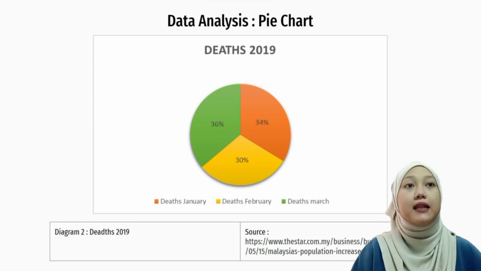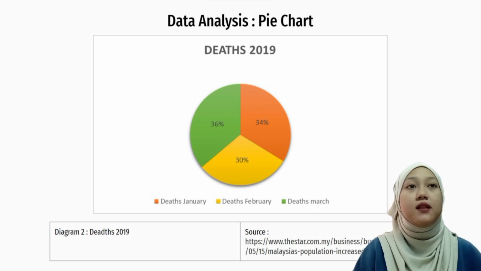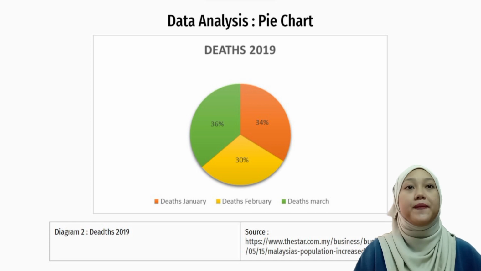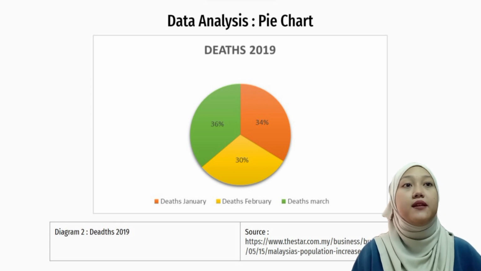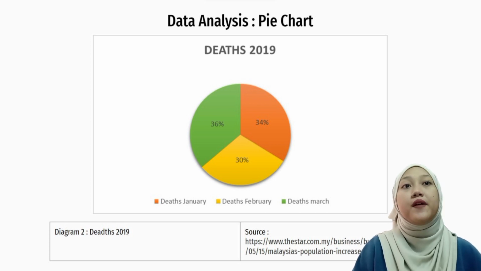The pie chart highlights the distinct proportion of each month, with January, February, and March representing 34% and 36% respectively. Number 2, as you can see from the graph, the highest deaths in 2019 was from March, because COVID-19 enables daily death counts and direct prevention and treatment efforts.